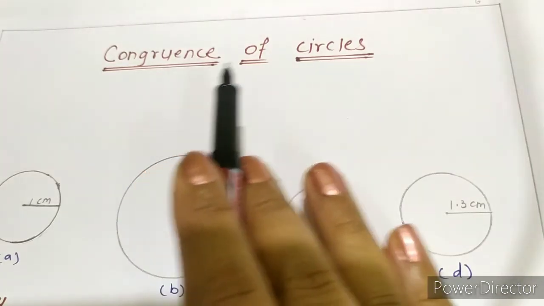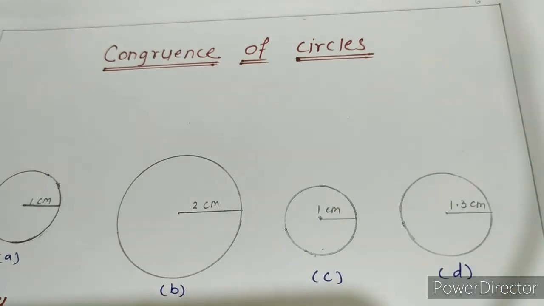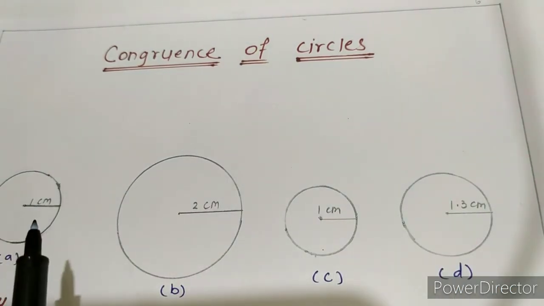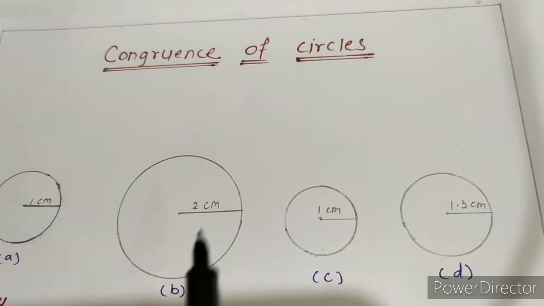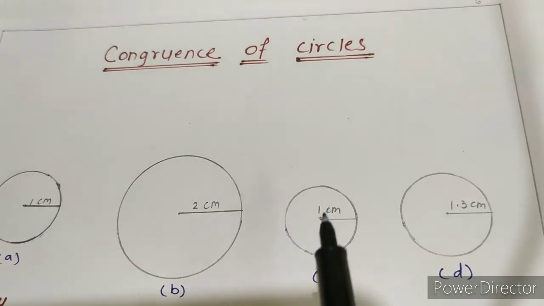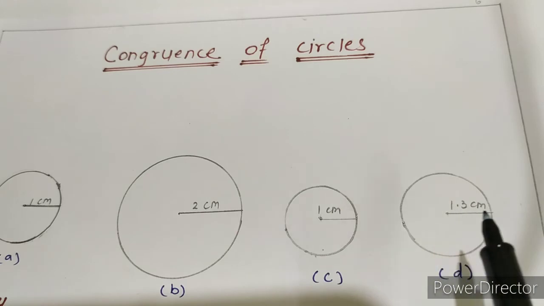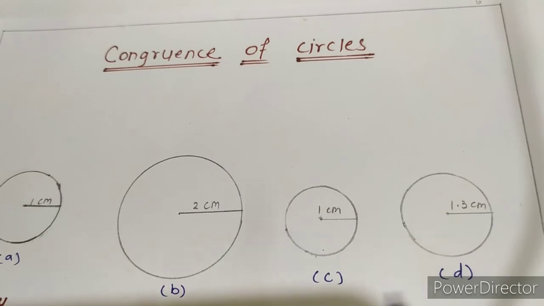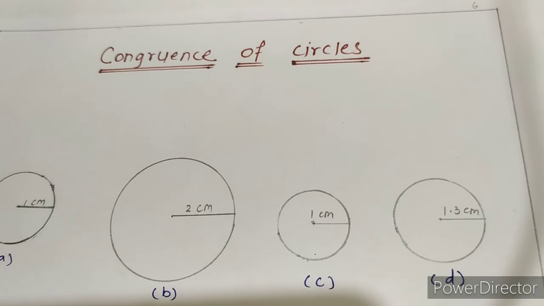Next is congruence of circles. In these 4 circles we have to draw: A is 1 centimeter, B is 2 centimeters, C is 1 centimeter and D is 1.3 centimeters radius. By taking these radii, draw 4 circles, cut them and place them one upon the other. I already have it.